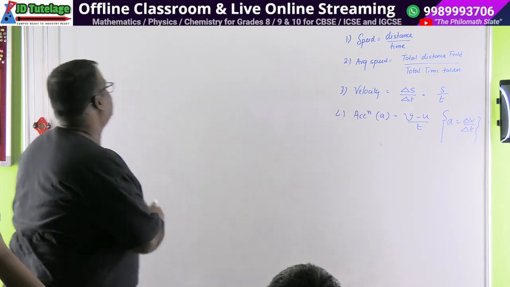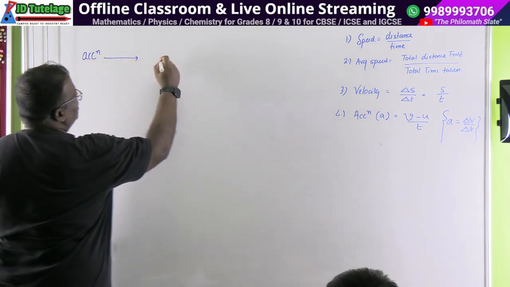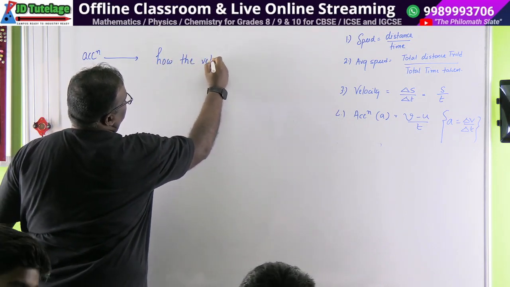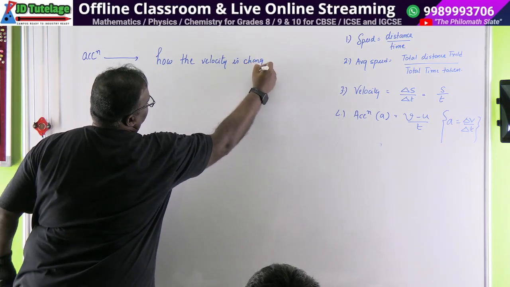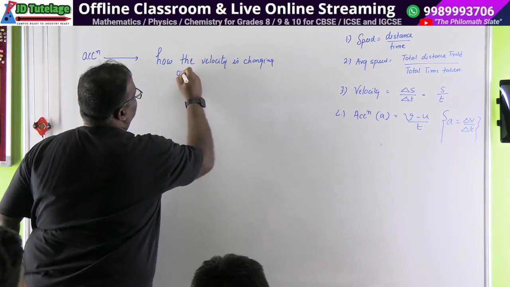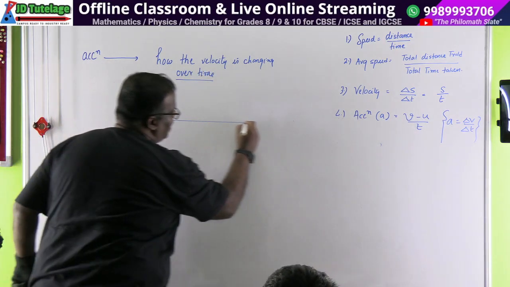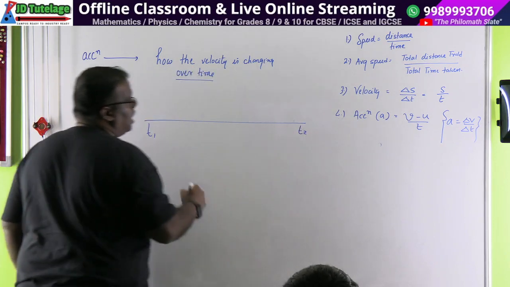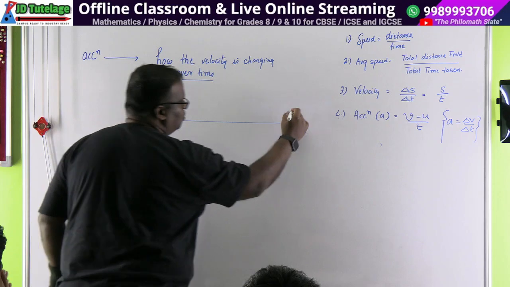Let's see acceleration now. Acceleration tells me about how the velocity is changing over time. That over time means if I analyze time from say t1 to t2, acceleration tells me how the velocity is changing from u to v.